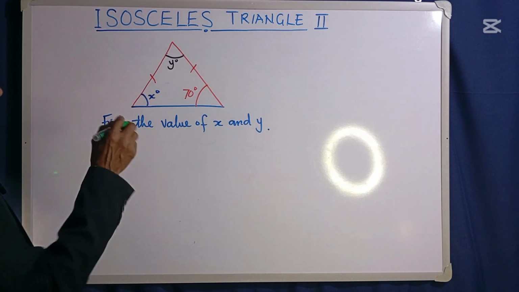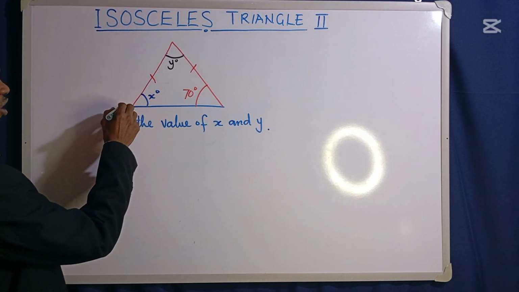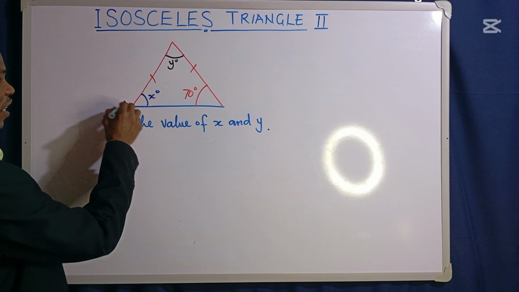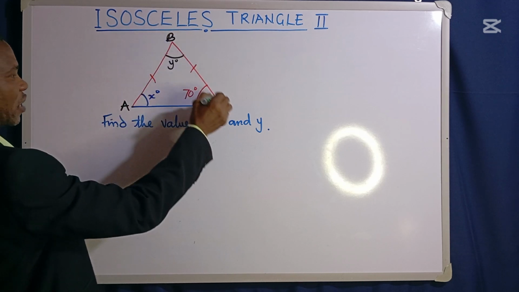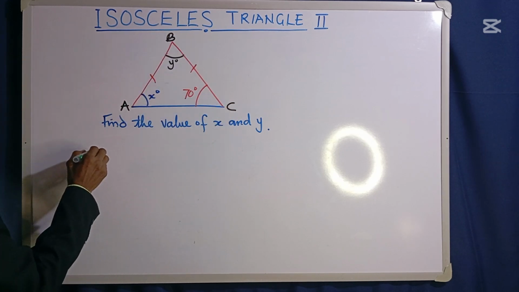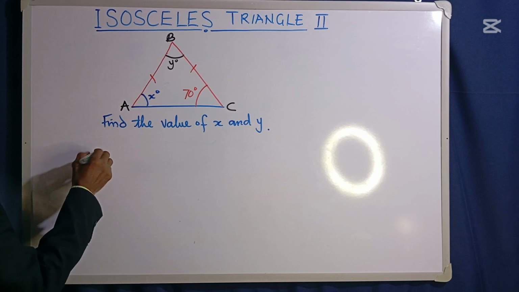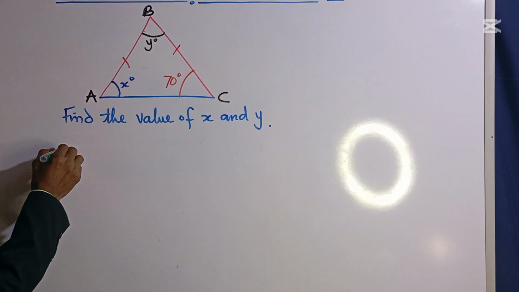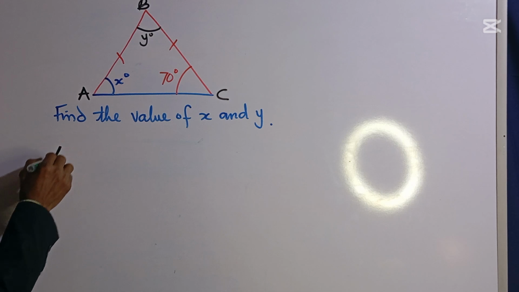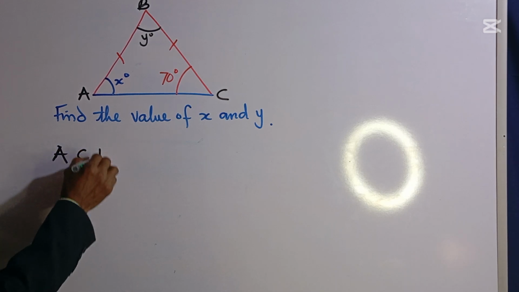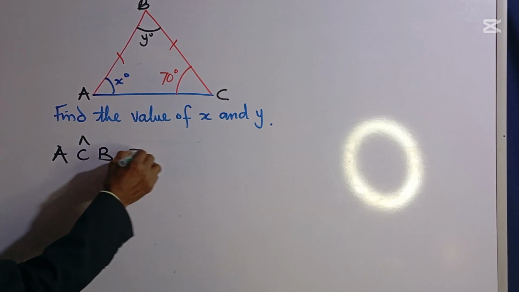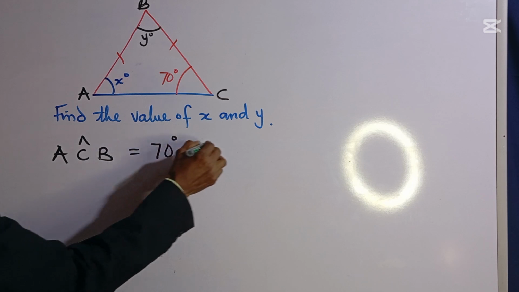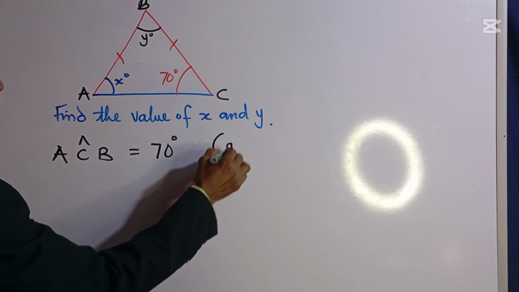So let's label this triangle A, B, and C. In geometry, we can say that angle ACB equals 70 degrees. This is given.